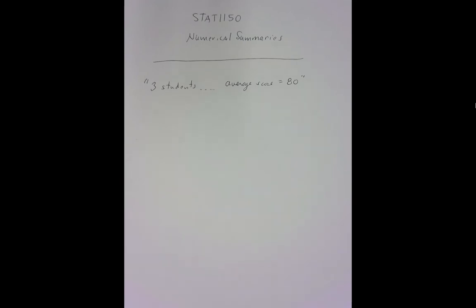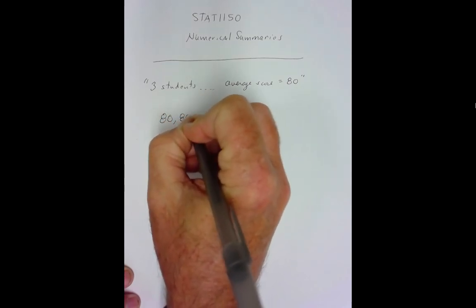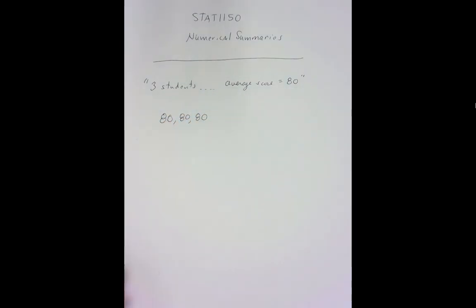Now, some people say, well, there had to be some scores above 80 and there had to be some scores below 80. Well, not necessarily. Turns out all the students may have scored 80. They say, well, there had to be one score above 80 and one score below 80.